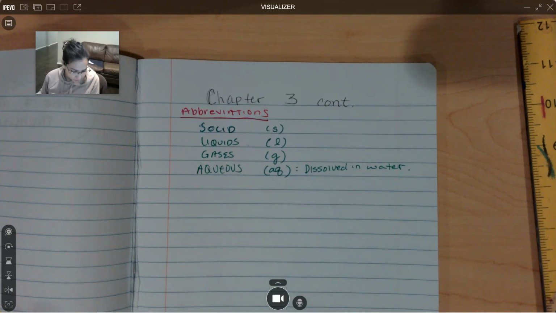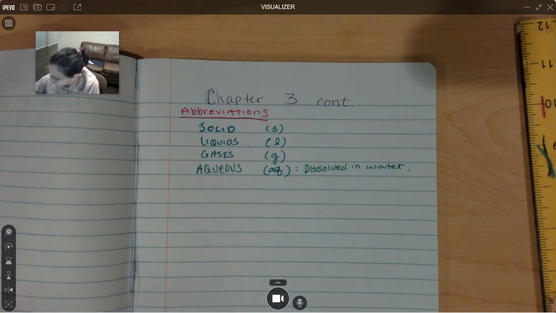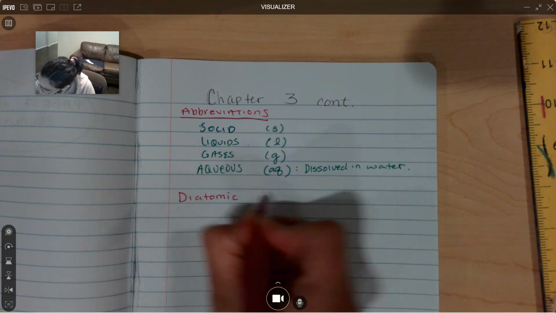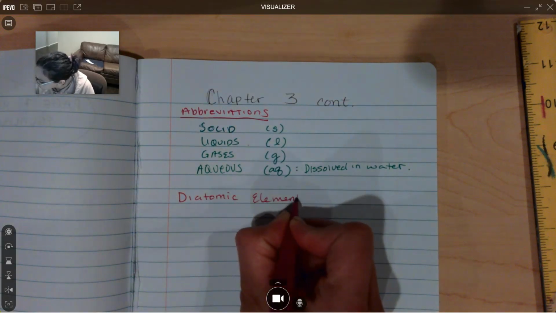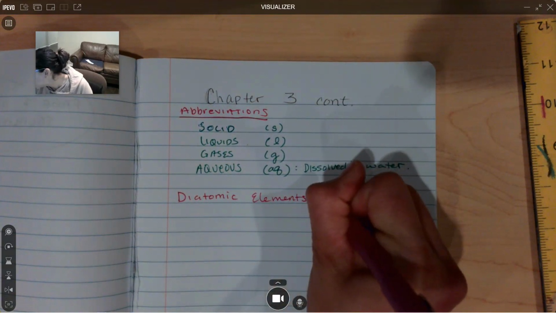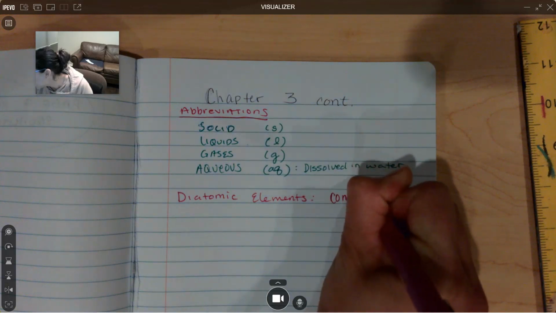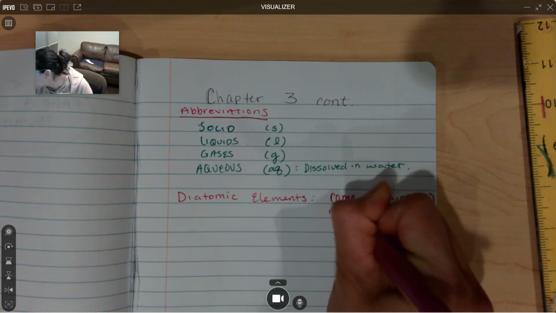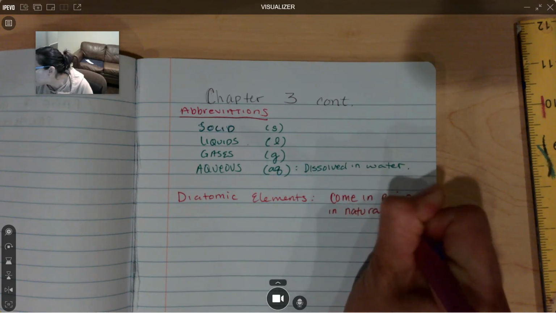Now, we have a couple of chemical compounds that are diatomic. We covered this in the last video, but I'm going to repeat it because I'm going to use it today in this one. So diatomic elements. Diatomic means they come in pairs, or in twos, in their natural state.